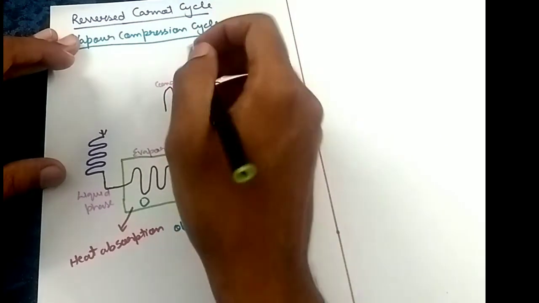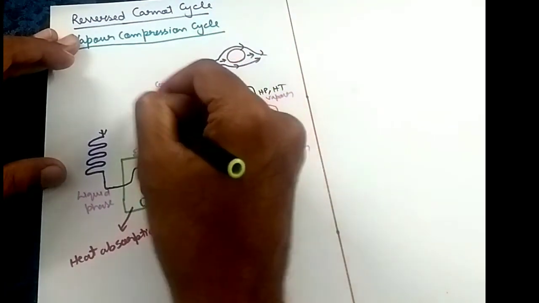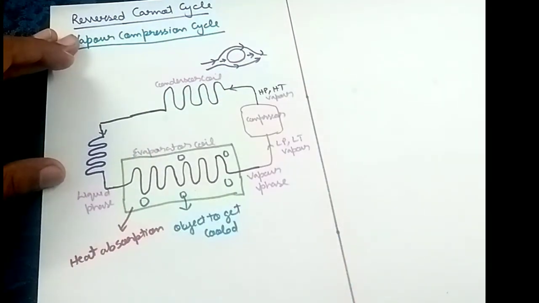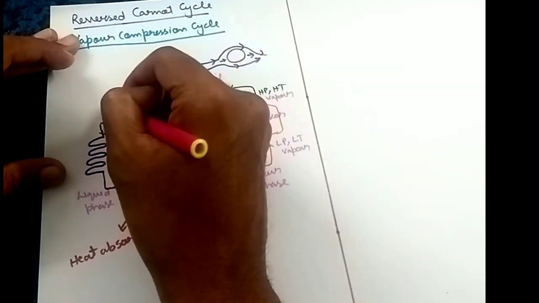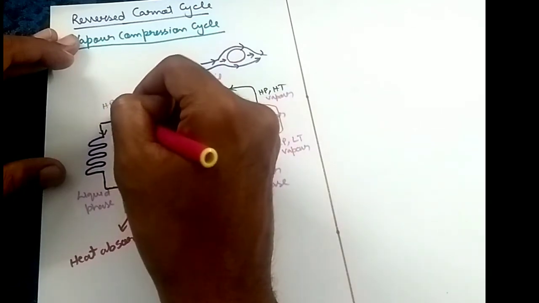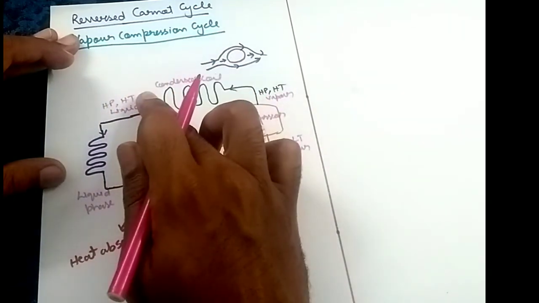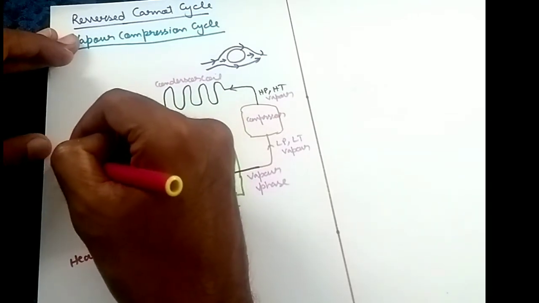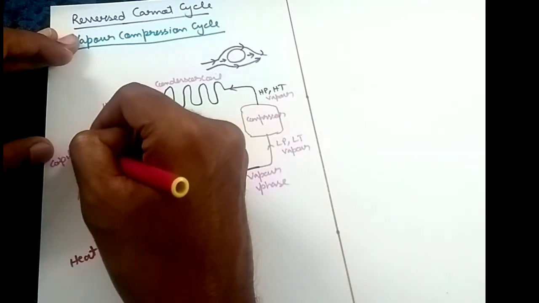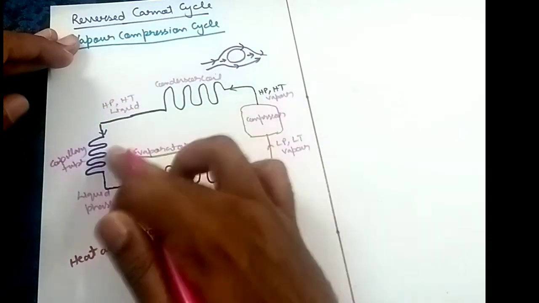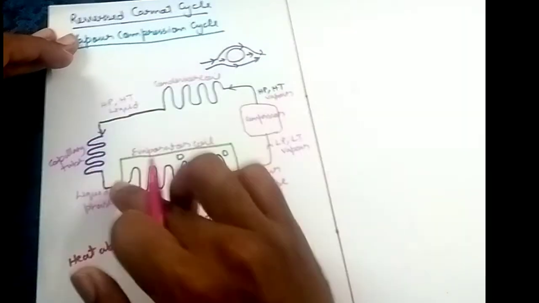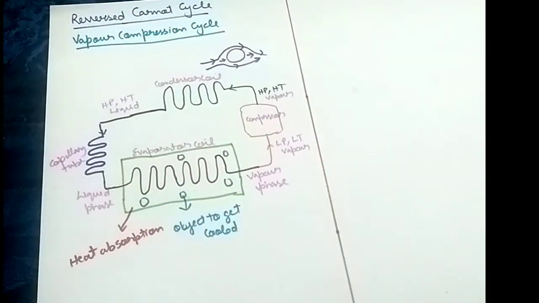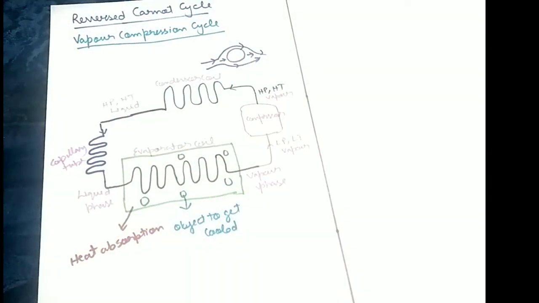Now it is a high pressure, high temperature liquid. This high pressure, high temperature liquid is then passed to the capillary tube. Now this liquid phase is then passed to the evaporator coil and the process repeats.